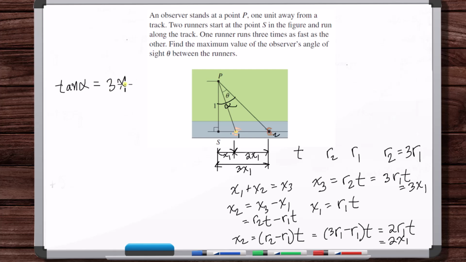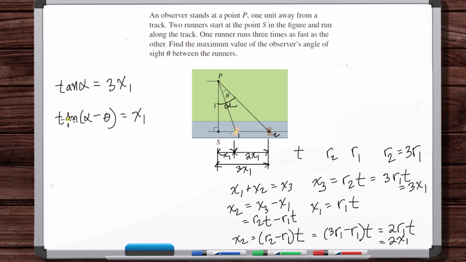So 3x1. Now, this angle here would be alpha minus theta, and its tangent is equal to x1.